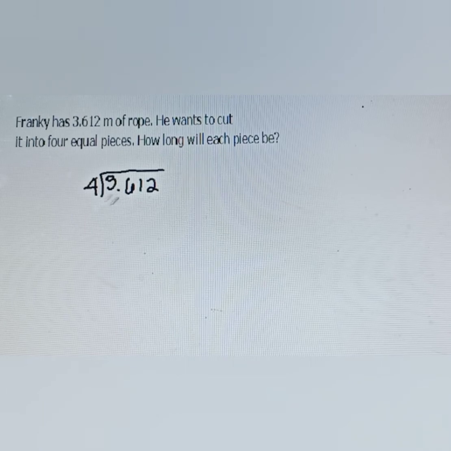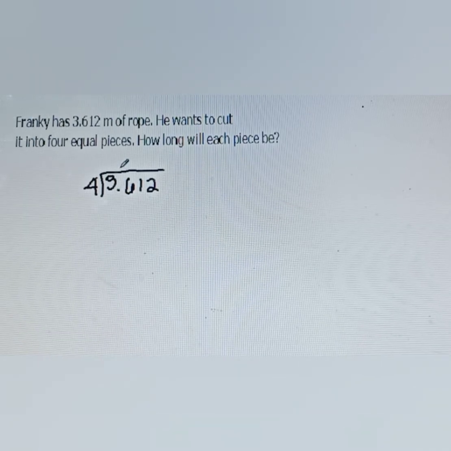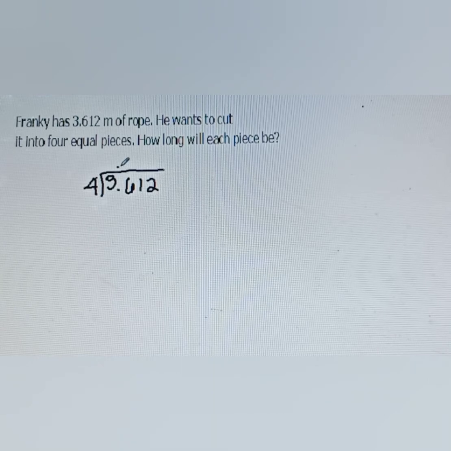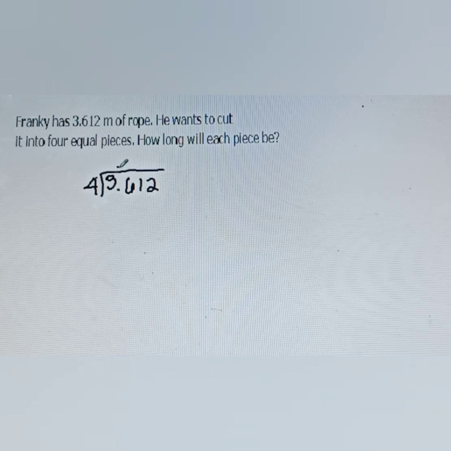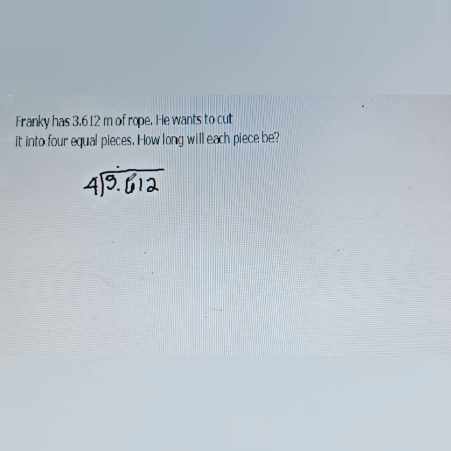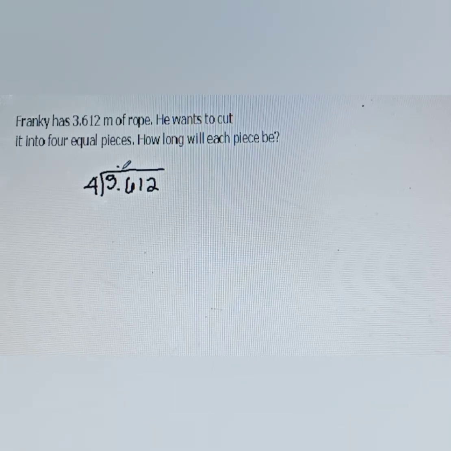Before you divide, you bring up first the decimal point there. So be sure to bring up the decimal point. Just bring it up there, okay? You cannot bring it up here or here. You have to bring it up straight. Then divide as whole numbers.